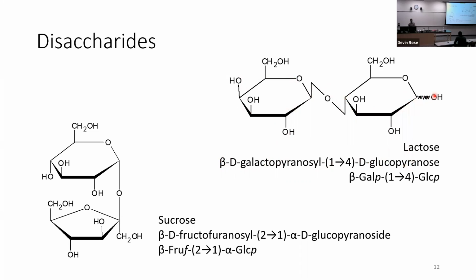And we haven't drawn this hydroxyl group in any particular configuration. So this is just lactose. But we could draw this down, and then it would be alpha lactose, even though this one is beta. If we drew it up, it would be beta lactose. You can shorten everything this way.